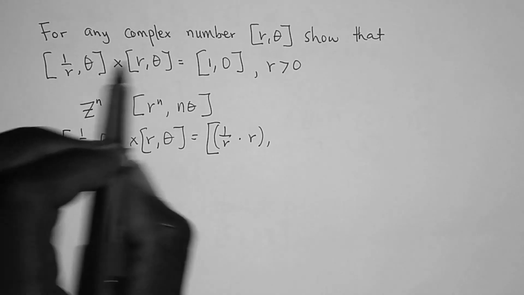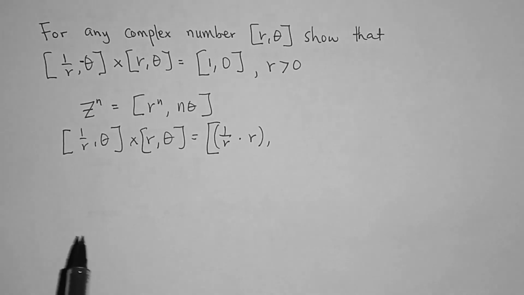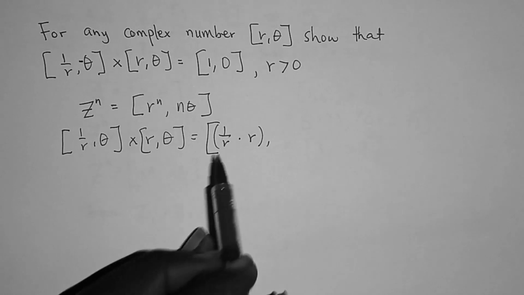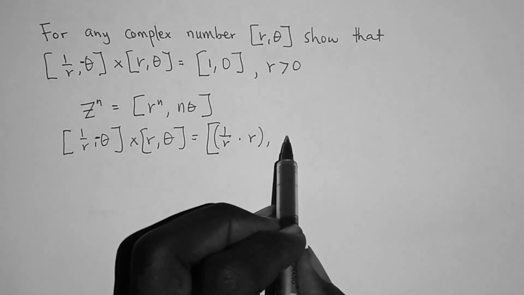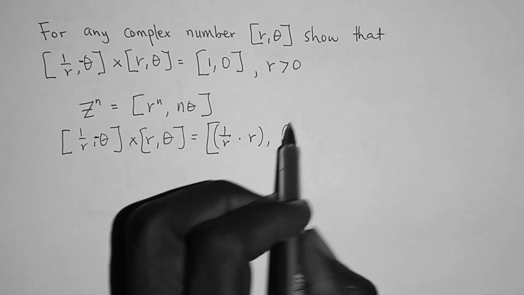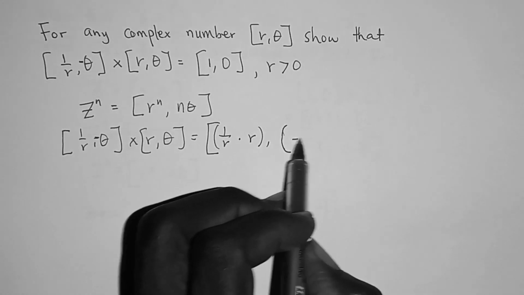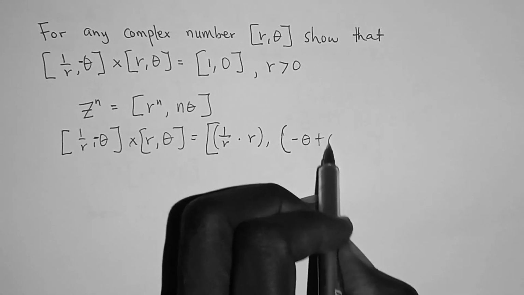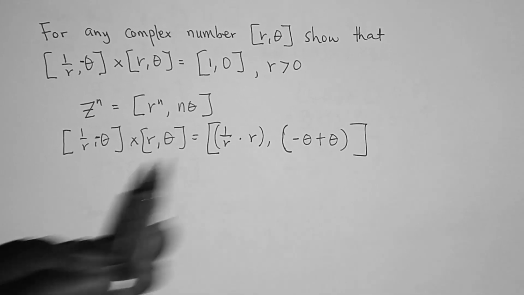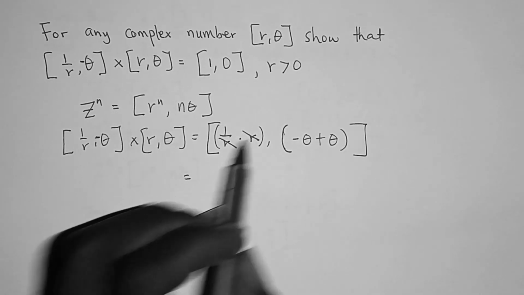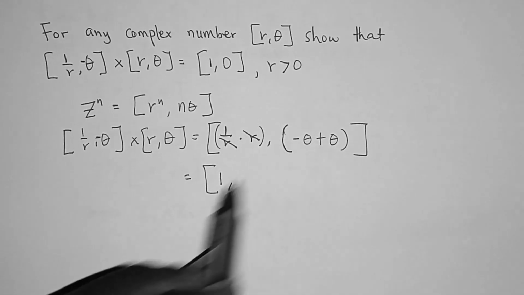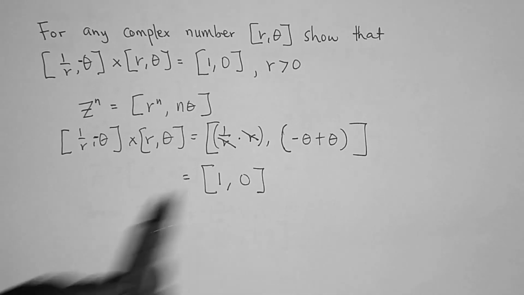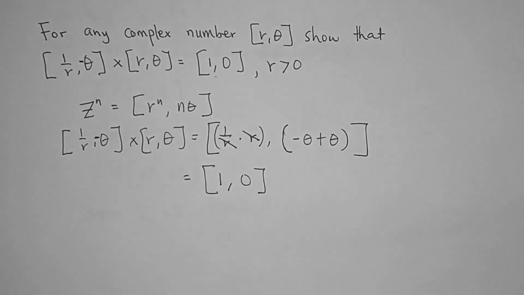Sorry, I made a mistake in the question, so here it's minus theta, so we will add the theta; the theta part is going to be minus theta plus theta. So this one can cancel, so we'll get 1 comma, minus theta plus theta is 0. And that is exactly what we're asked to prove.